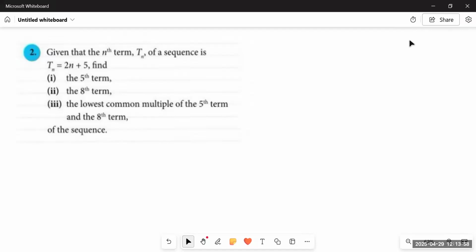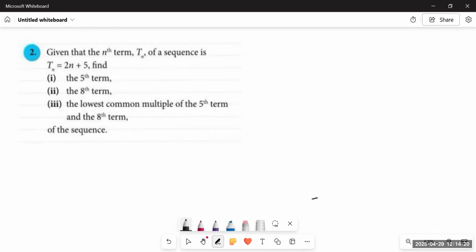Now, students, before moving to question number 2, let us understand that for every sequence, there is a rule. And we can describe the sequence using a function, or you can say a formula of the nth term. So let's understand what the nth term is and what sequences are.